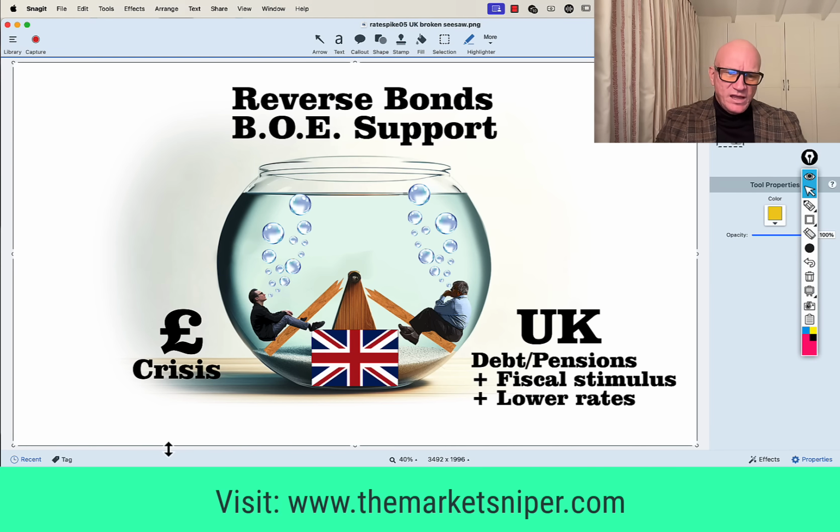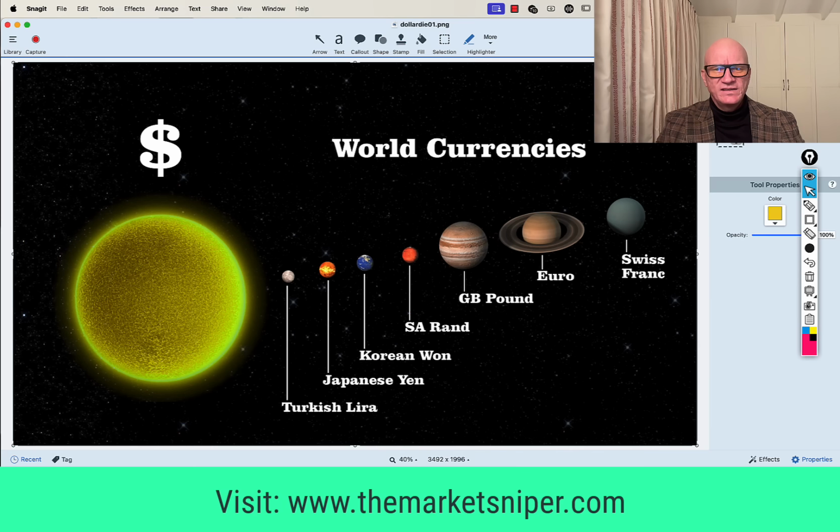Okay, so that diagram hopefully helps put a little bit of color into this. I'm going to also show you how I think overall it goes. One of my guys was just highlighting, in terms of currencies, you almost have the world currency being the sun, being the dollar, and you have various planets that are a little close to the sun and kind of small.